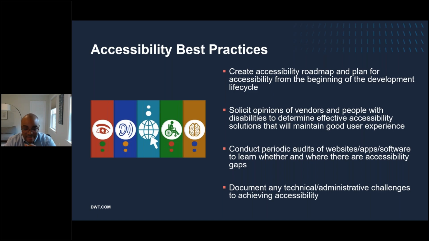Just like in the privacy section, making sure that you're doing periodic audits to identify and resolve issues that may arise with respect to accessibility compliance. And then lastly, and this pertains to some of the exceptions we talked about, if there are technical or administrative challenges, we don't have any money, or we only have one person on our engineering staff, it's going to take 18 months to make this fix.